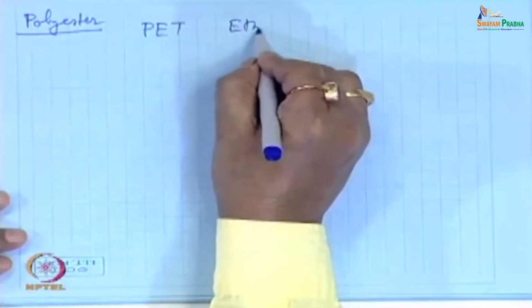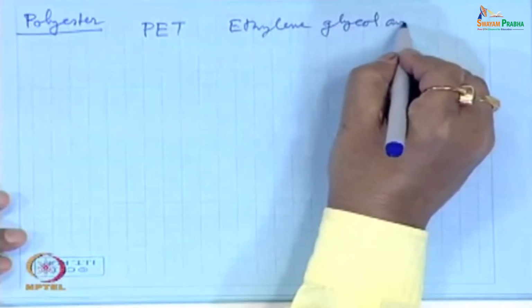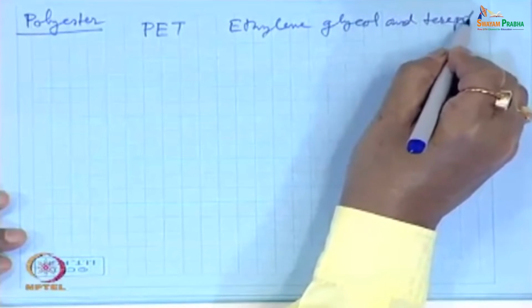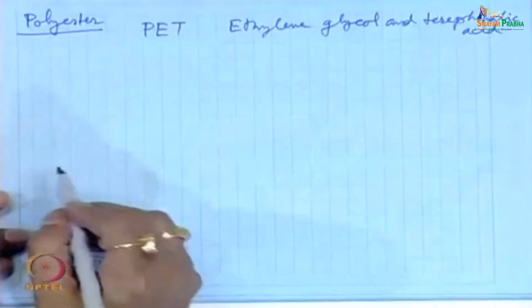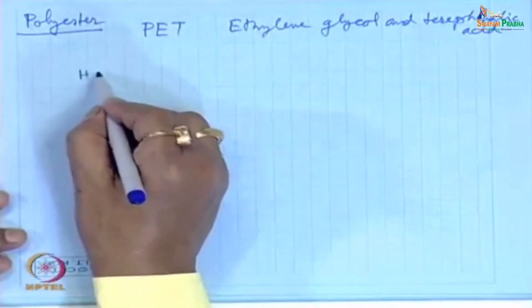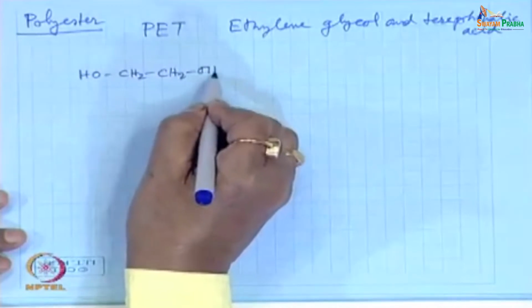What is polyethylene terephthalate? It is a reaction product of ethylene glycol and terephthalic acid. What is ethylene glycol? This is ethylene glycol.